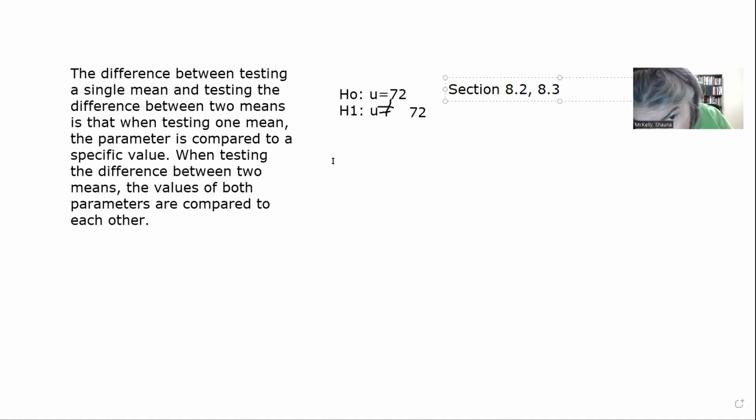Now we're doing stuff like this. Suppose that I want to test say the average age of students in my statistics class and the average age of the students in my geometry class, right? So I want to test the population mean, not just the sample, but the population mean. I want to see if they're different, right? So I could compare something like mu, and I'll use a little subscript here to differentiate them.